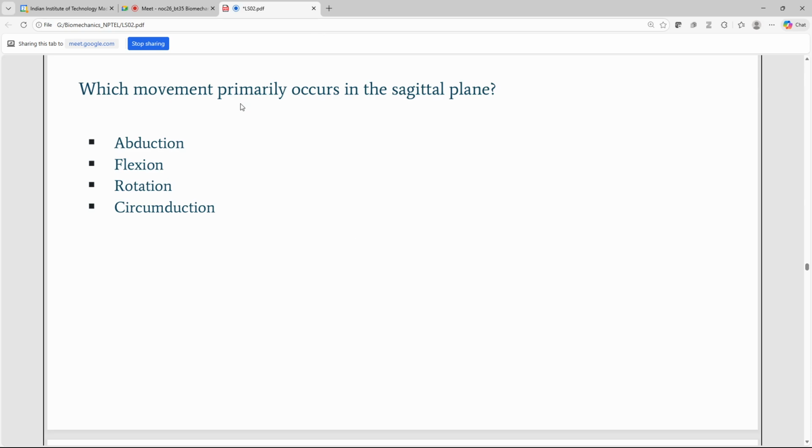So focus on this word, primarily. Options are abduction, flexion, rotation, circumduction.